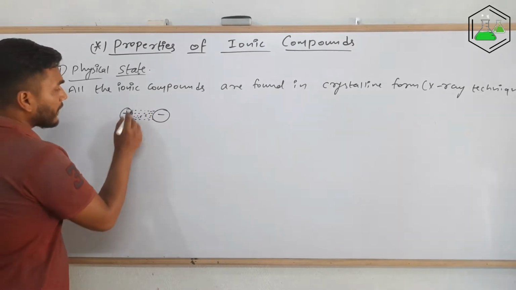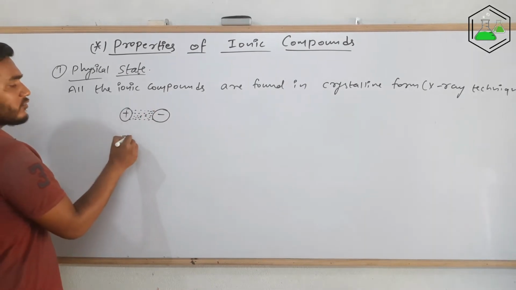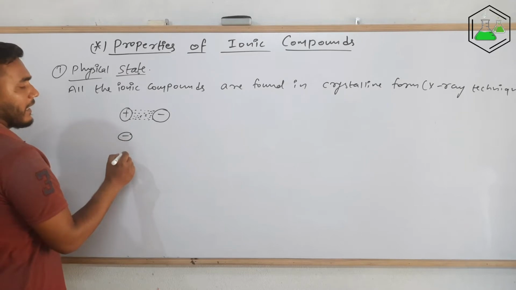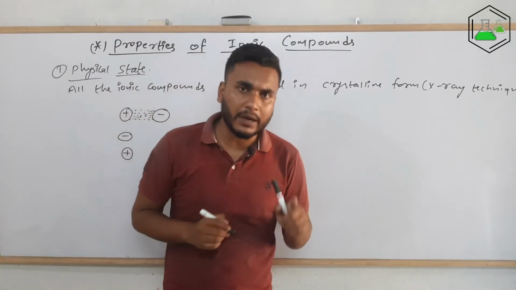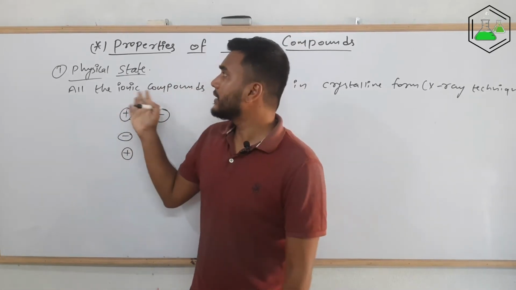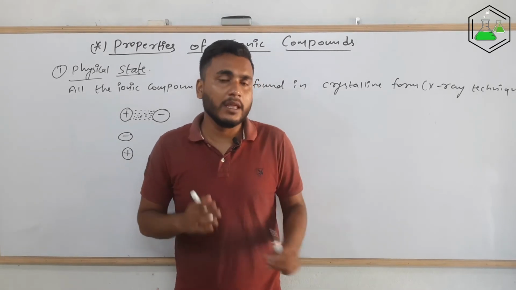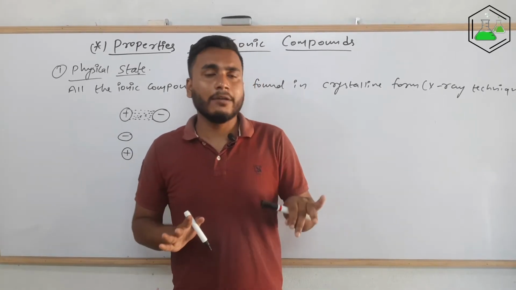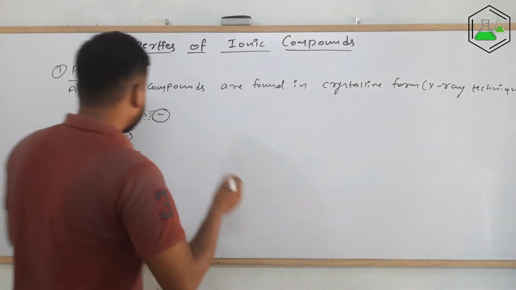Like look at here, there is positive, there is negative, then obviously with this positive there has to be another negative, with this negative there has to be another positive, then they are arranged very nicely, very properly. That is like the crystalline form. That's why the physical state of all the ionic compounds is always crystalline form. There is no ionic compound that is found in other form, that is gaseous or liquid state.